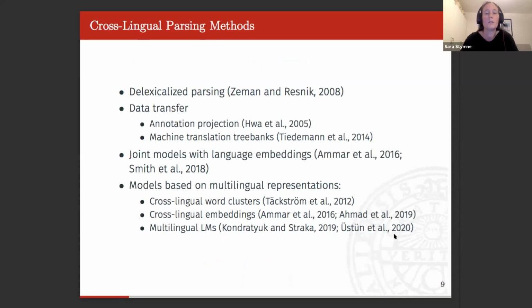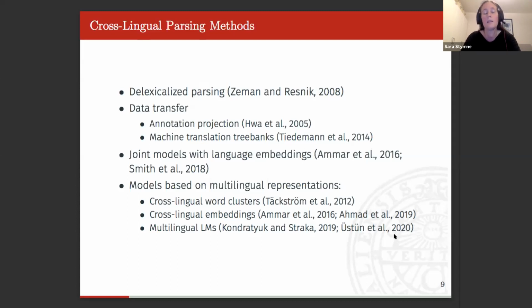So then going to cross-lingual parsing, I just thought I'd exemplify some methods that have been proposed. So one early method was to use delexicalized parsing. So the idea then is that you don't parse based on the word forms, you parse based on some other representation. So typically people would use part of speech tags. So then you could train a parser in a source language, for instance English, where you have good tools, but you don't train it based on the words, you train it based on part of speech tags.